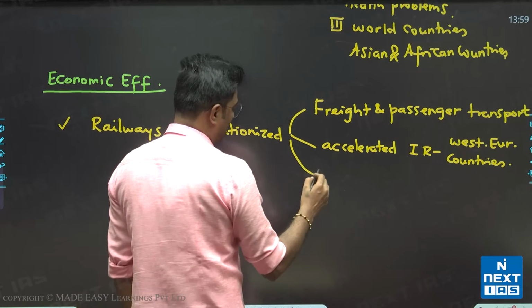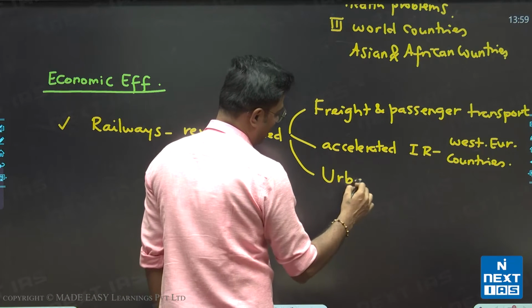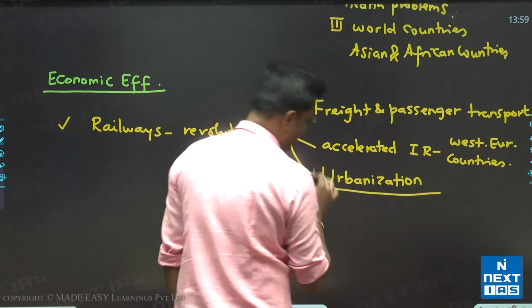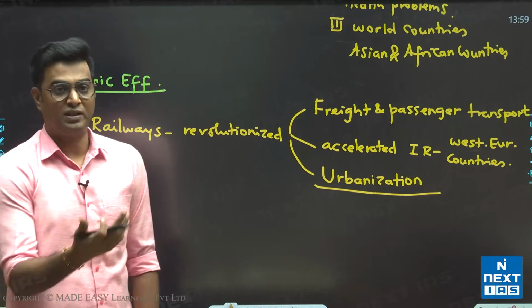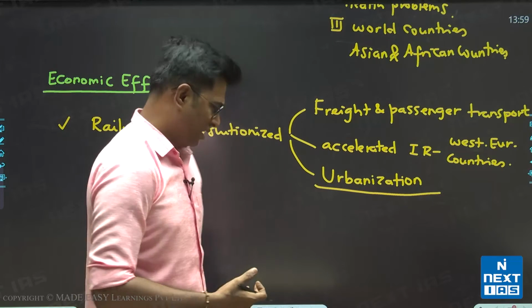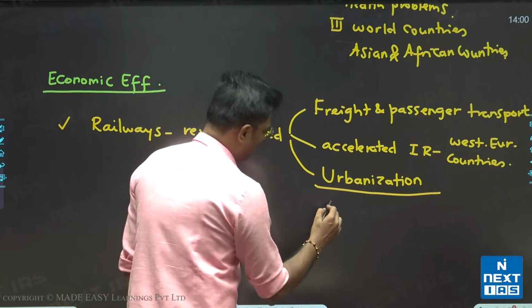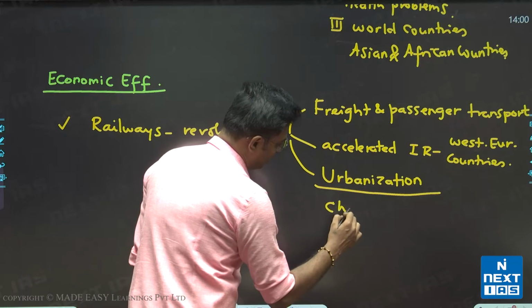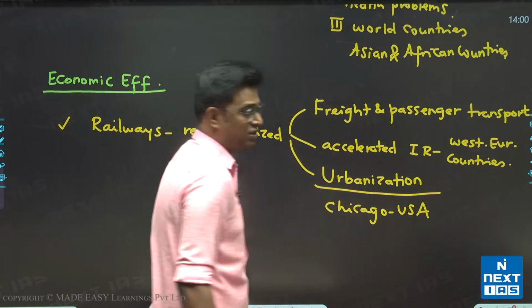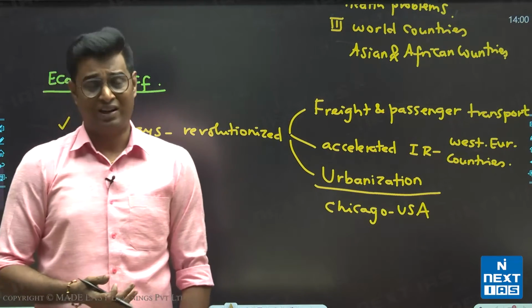And railways also resulted in urbanization. For example, many important railway junctions in the world became urban centers. One example would be Chicago in USA, which was essentially a railway junction which later developed into a great city.